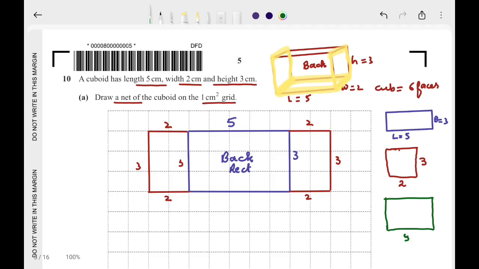Its length is 5 and breadth is 2. So let me draw 1 and 2, 1 and 2, 1, 2, 3, 4 and 5.